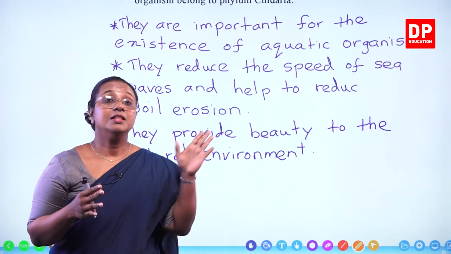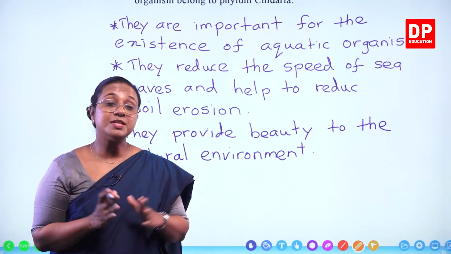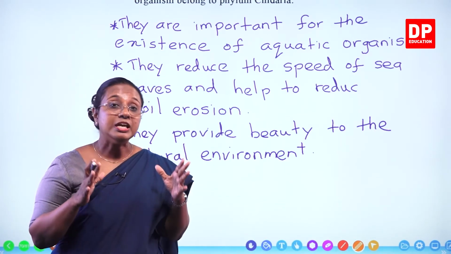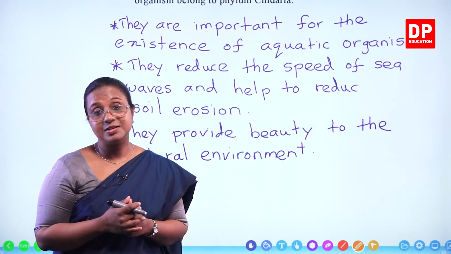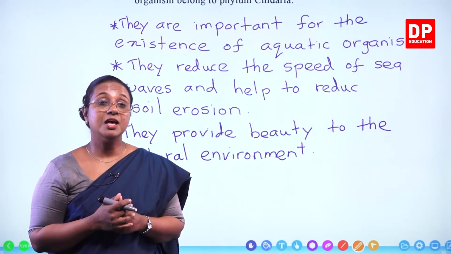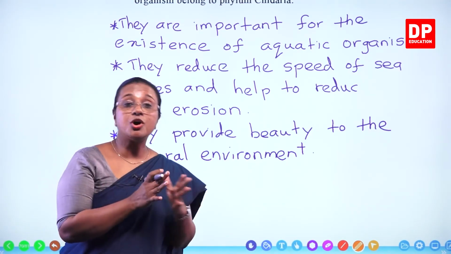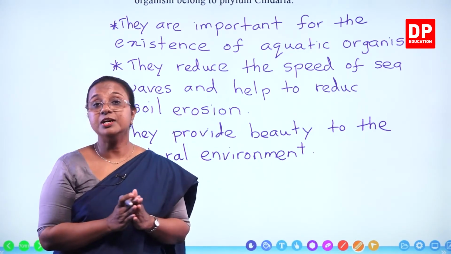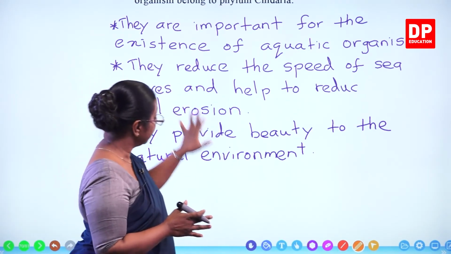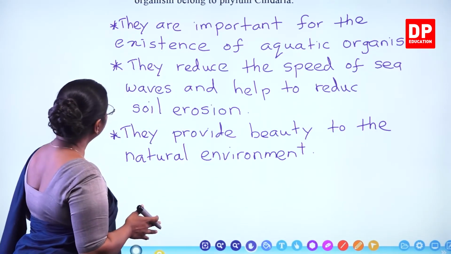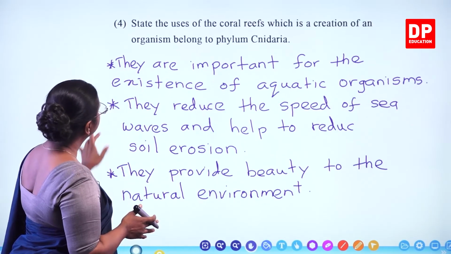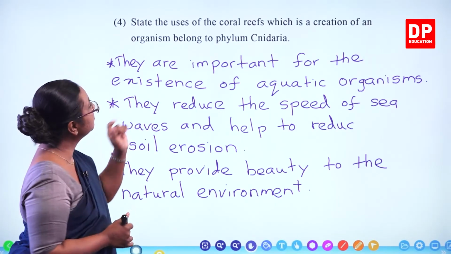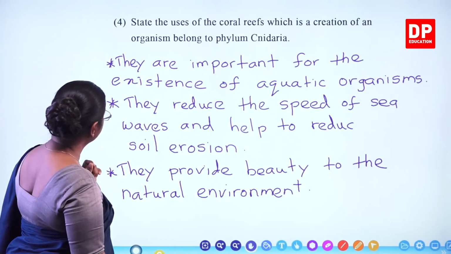Another thing, these coral reefs, the coral polyps, are made up of calcium carbonate. So you can obtain calcium carbonate from the coral polyps. But if we destroy the coral polyps, then it might become harmful to the environment. So I will leave it at this point where we have discussed the uses of coral reefs, the creation of an organism belonging to phylum Cnidaria.